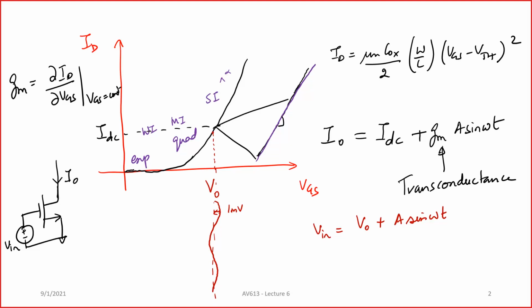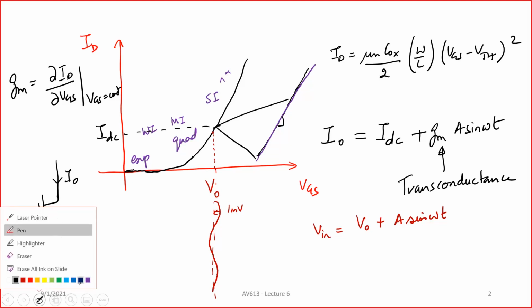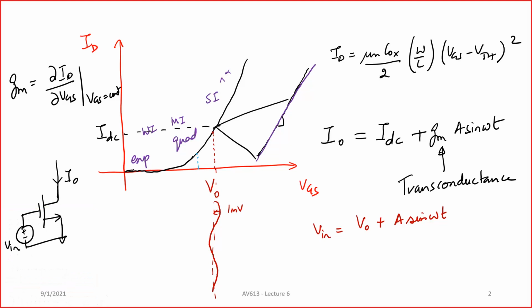Now, why do I write that? Because it is obvious that when you differentiate this curve, it's going to have different slopes at different points, right? So, for example, if I were to bias it here, the slope is going to be like this. Now, if I'm going to bias it here, my slope is going to be like this, right?